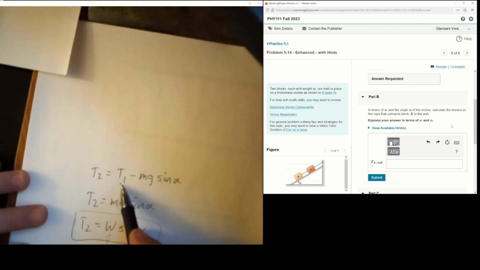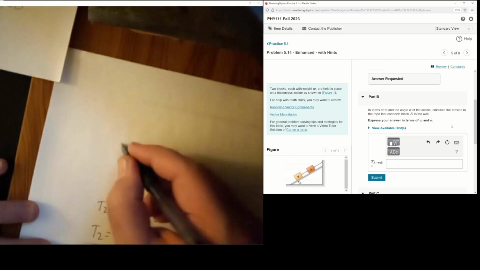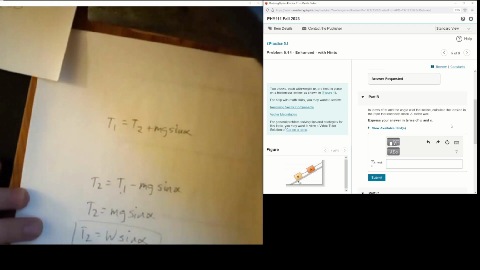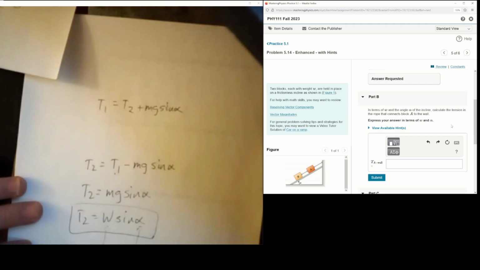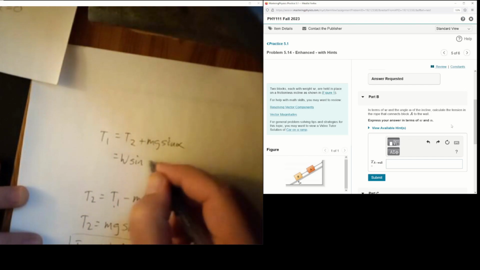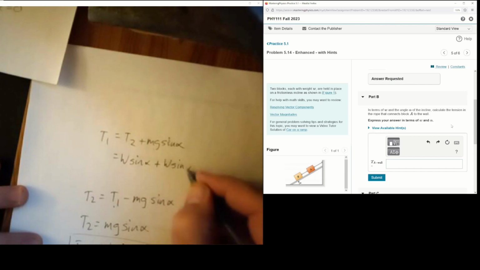So I'll solve this for T1. So I'll just move the mg to the left side. And we would get from that T1 equals T2 plus mg sine alpha. And we know T2 is W sine alpha. So that means tension 1 is W sine alpha plus mg, where mg is weight, and then we have another sine alpha.